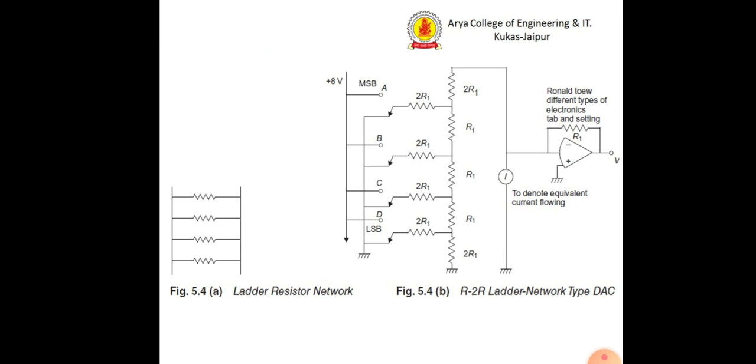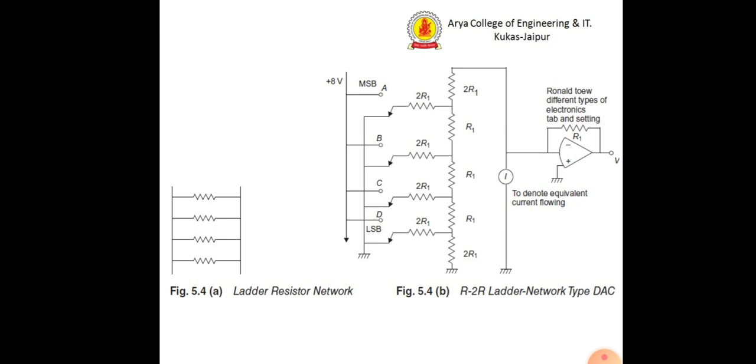As you can see, it looks like a ladder, hence the name. The circuit consists of 4 inputs A, B, C, D, where A is the most significant bit, that is MSB, and D is the least significant bit, that is LSB.